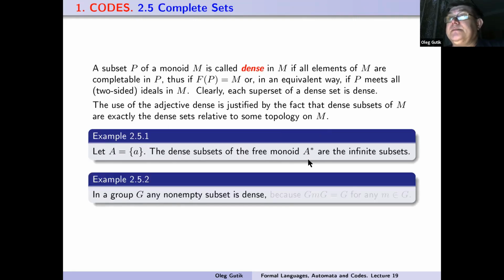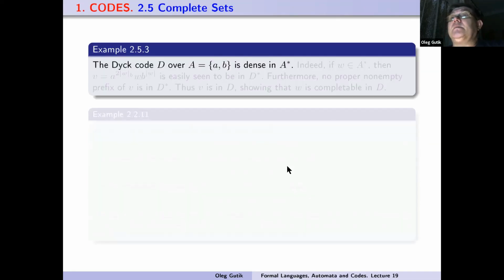Next example: in a group G, any non-empty subset is dense because G m G is equal to G for any element m from the group G. Example: the Dyck code D on alphabet A is dense in the free monoid A star.